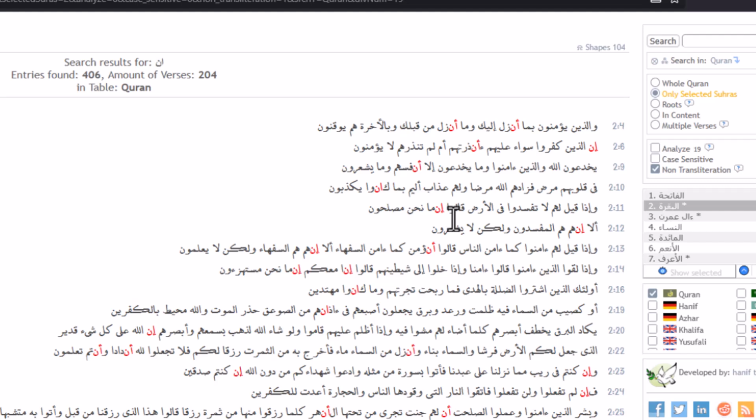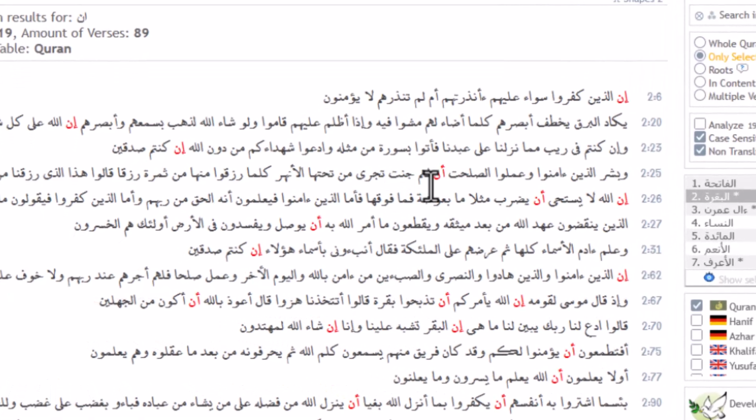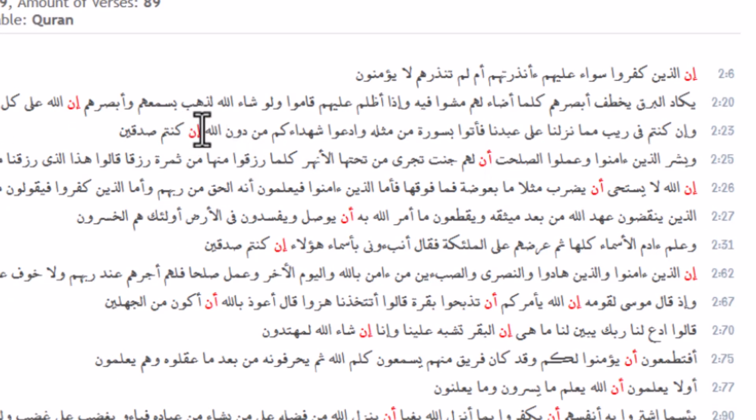So it will find it in a word, with different transliterations. But if I click case sensitive, I'll get only this shape, with this transliteration. So I'll find anna or inna only, not the other words.